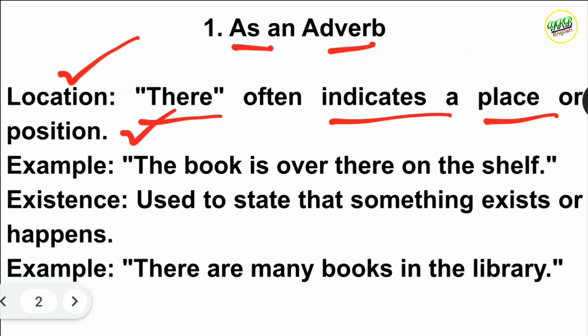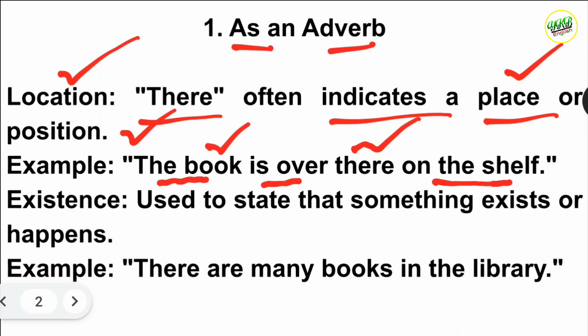For example, this book is over there on the shelf. So this example is indicating a place or position of the book.